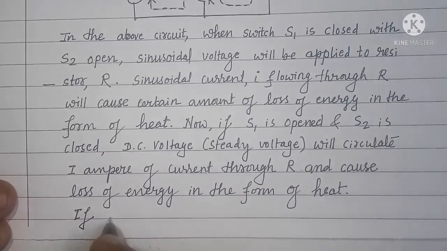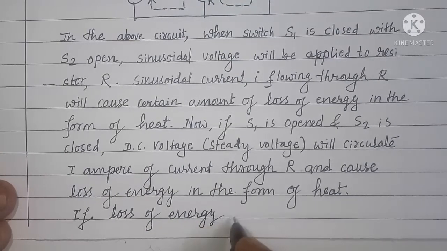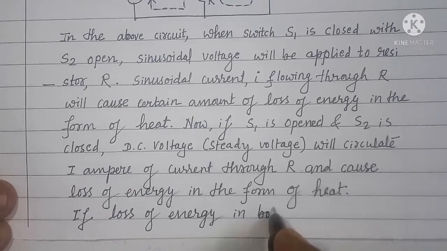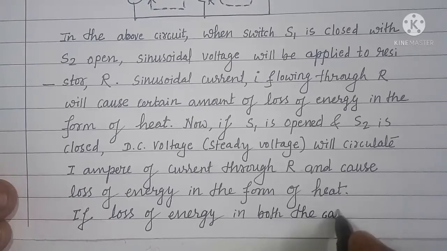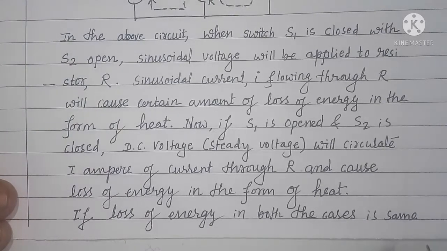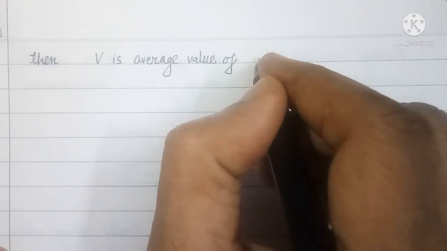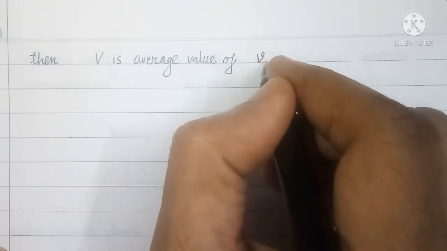If loss of energy in both the cases is same, then DC voltage V is average value of sinusoidal voltage V.